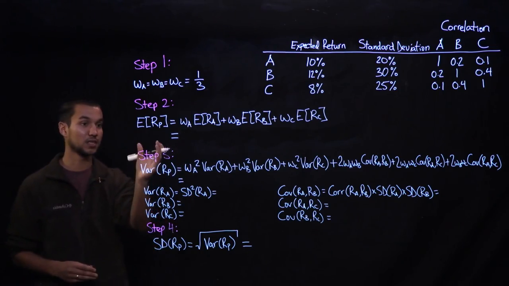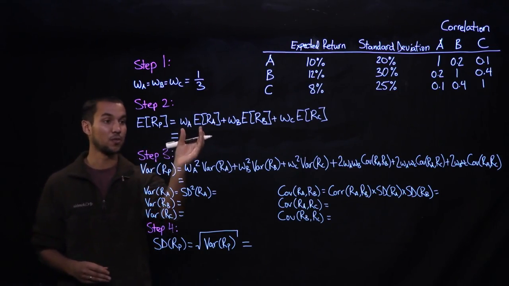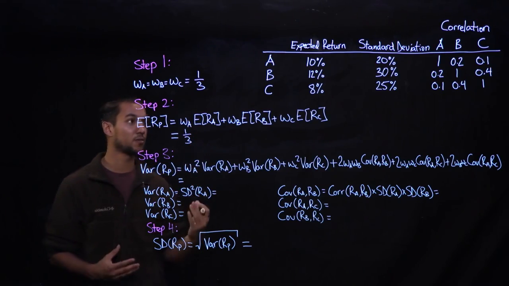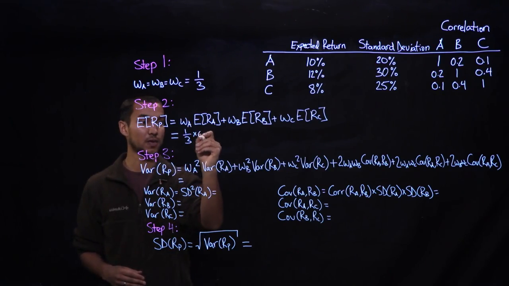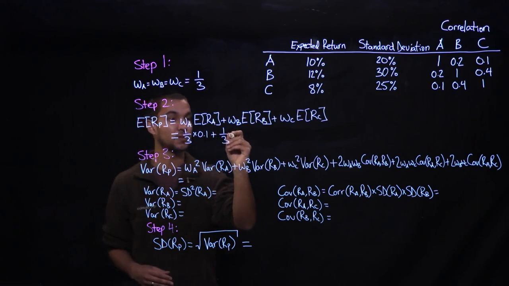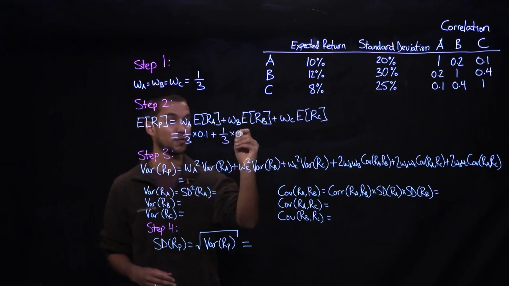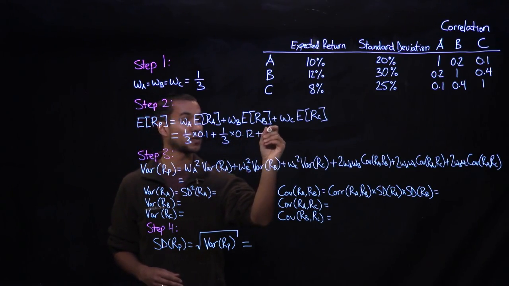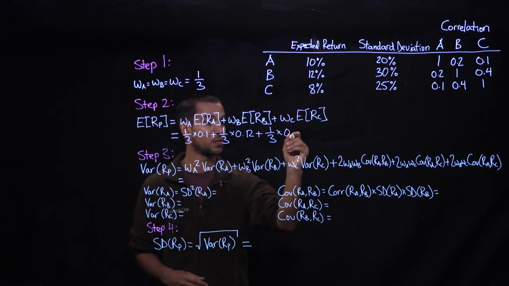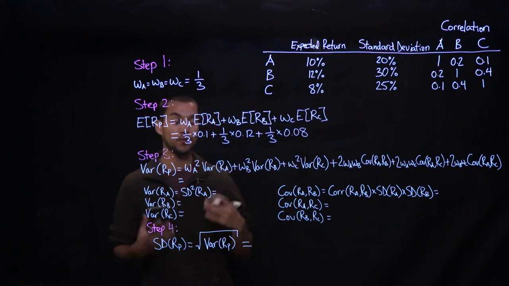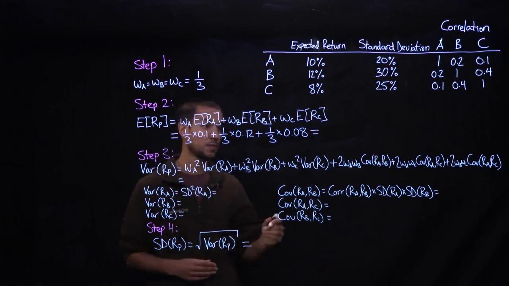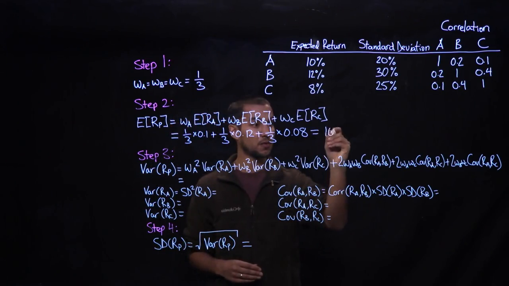So in this case, the expected portfolio return is going to be the weight on A, which is 1 over 3, times the expected return on A, which is 10%, plus the weight on B times the expected return of B, which is 12%, plus the weight on C times the expected return on C, which is 0.08. And when we multiply everything out together and add them all up, we calculate that the expected portfolio return is going to be 10%.